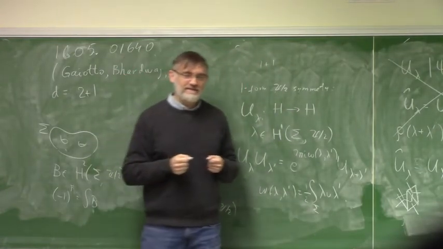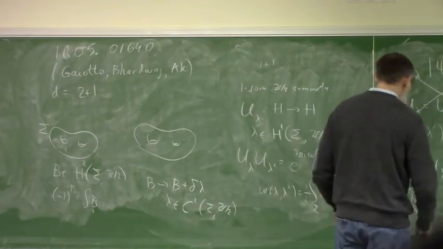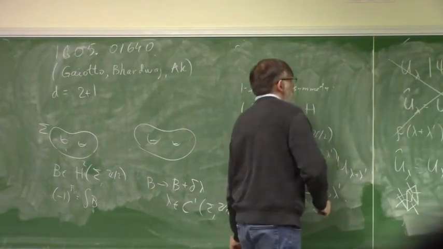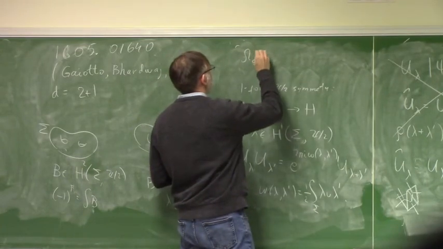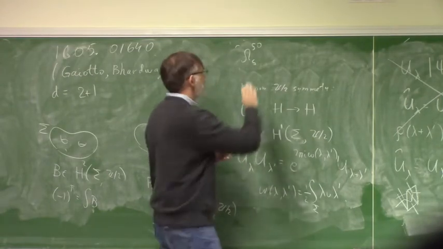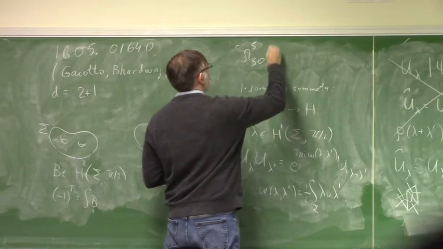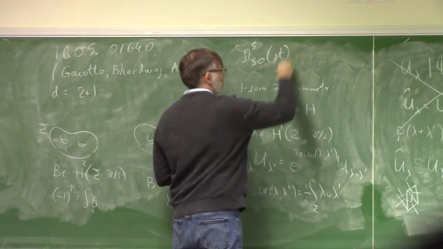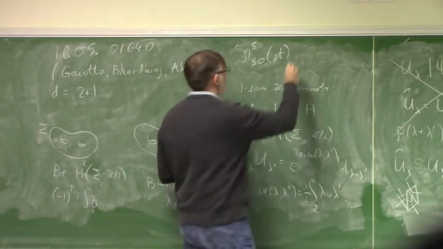And what's the statement just in terms of cobordism? Well, just that the degree 5 cobordism group of a point, for bosonic systems without any symmetries, is Z2.